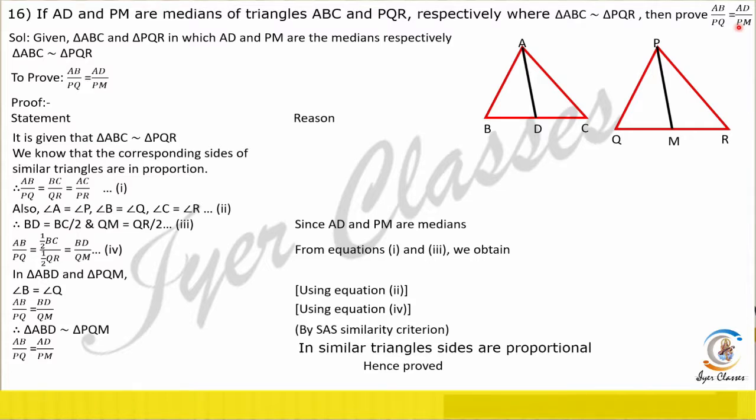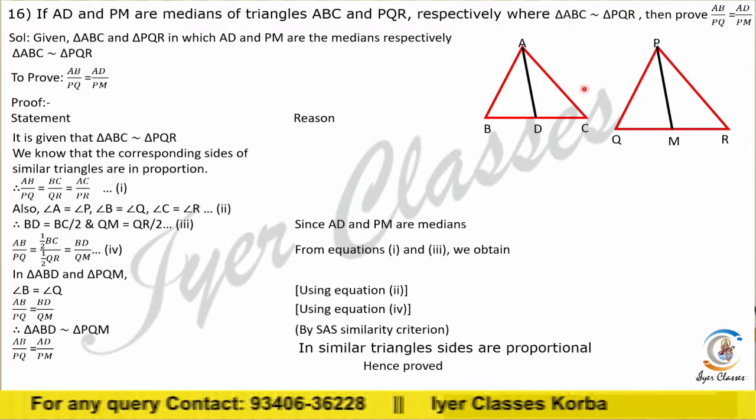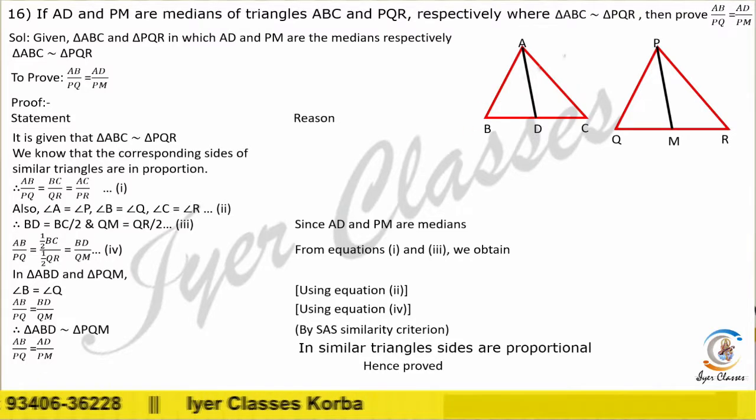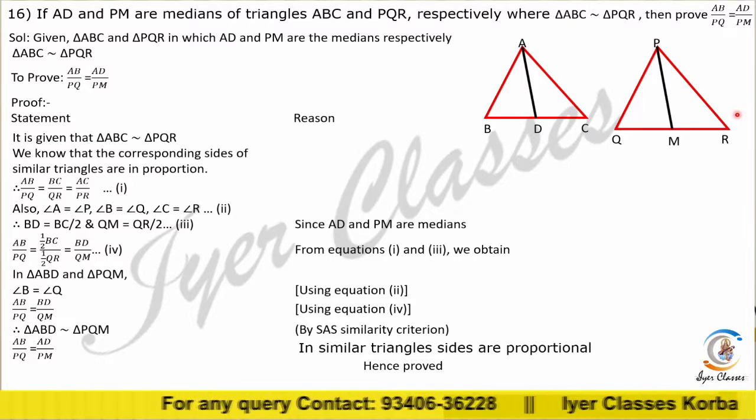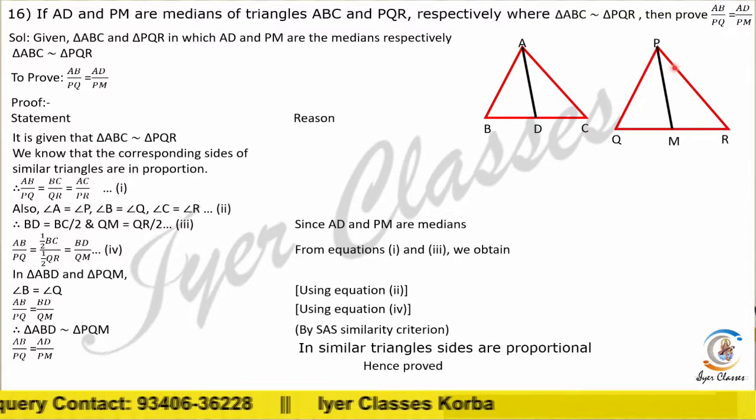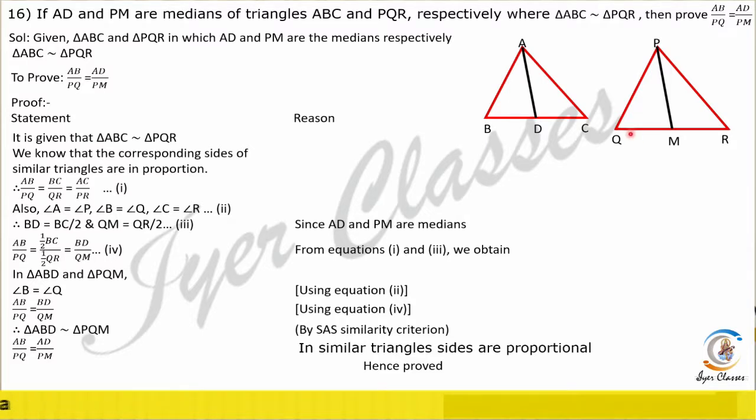Let us first consider triangles ABC and PQR. We know that in two similar triangles, the sides are proportionate, right? So we will have AB by PQ equal to BC by QR, and that is also equal to AC by PR. Also, we will have angle A equal to angle P, angle B equal to angle Q, and angle C equal to angle R, right?